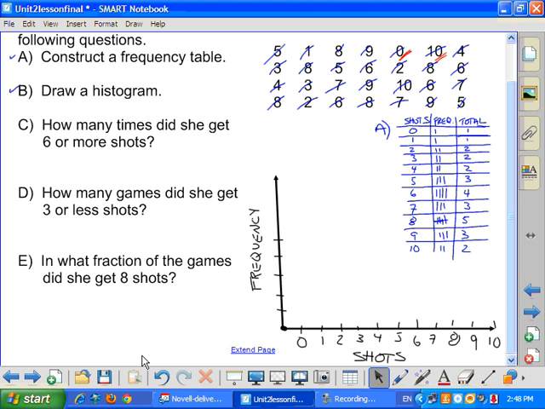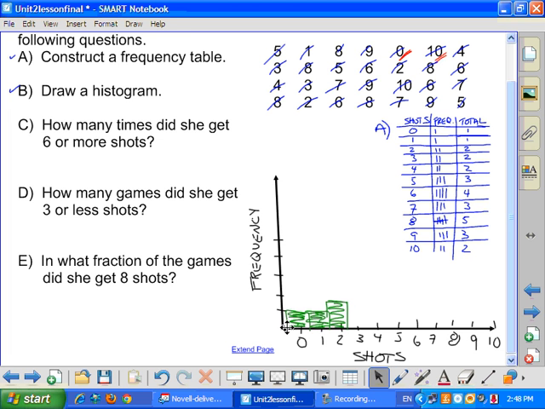So now I'm going to construct some bars here. So I want to show how often each one occurred. So I'll use green. So 0 shots occurred once. And color that in. 1 shot occurred once. Color that in. 2 shots occurred twice. 3 shots occurred twice.